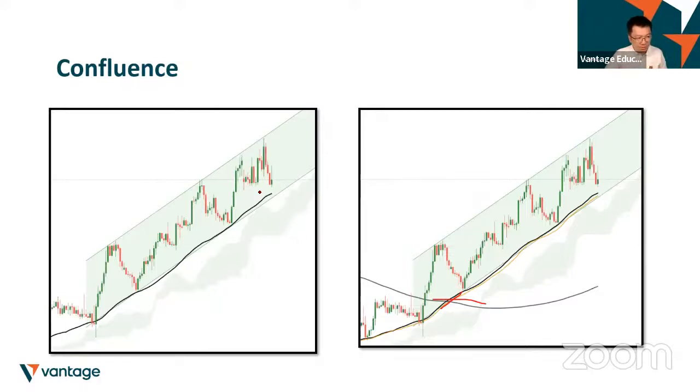I think in this case, this was the natural moving average. The black line there. In this case, this was a 200 moving average over the 50. Take that away so that you can see easier.